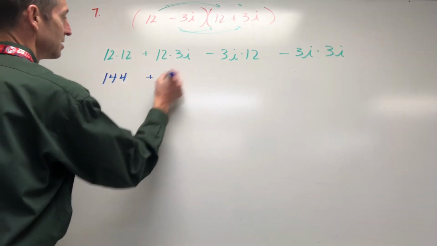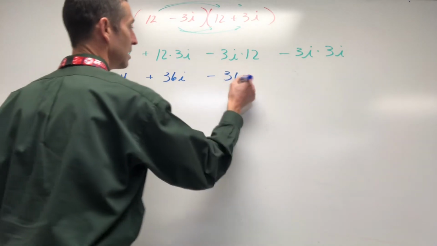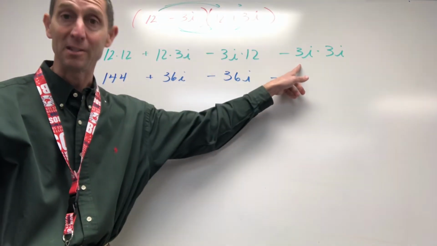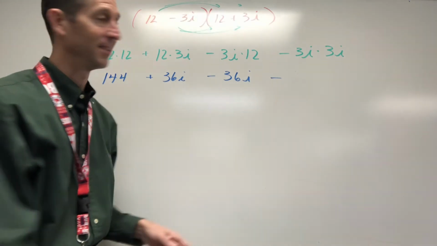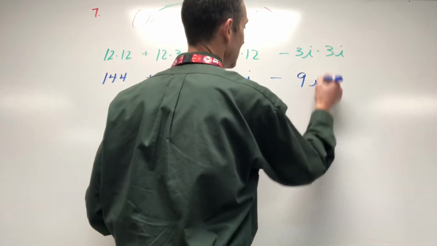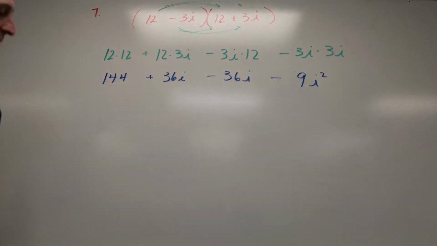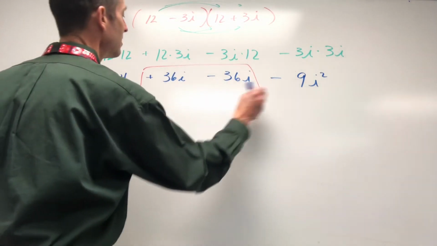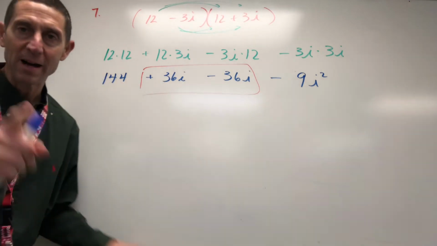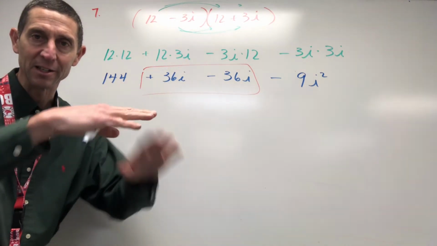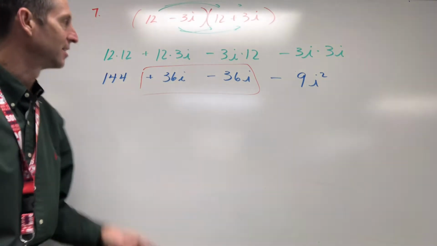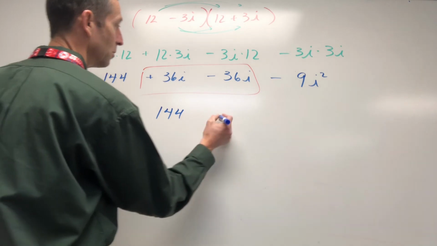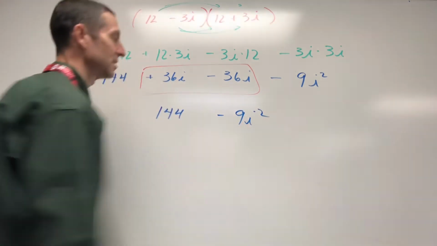144 plus 36i minus 36i minus, we've got it again. Here's 3 times 3, I times I. 3 times 3, that's 9. I times I is I squared. All right, the reason for this example, right here in the middle. You have a positive 36 and a negative 36. They cancel out. So this, it's gone, and leaves me with 144 minus 9i squared.